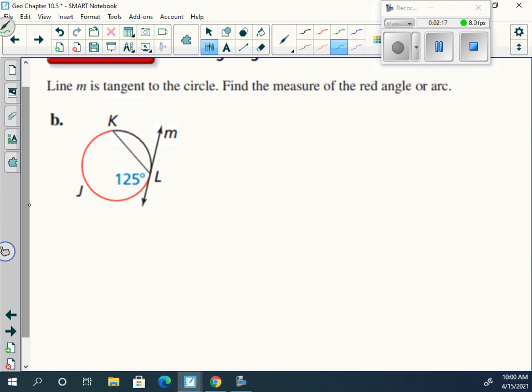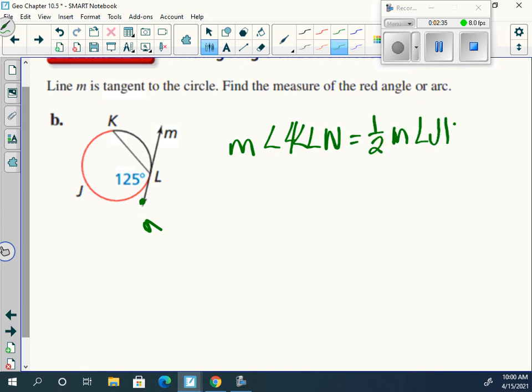So the measure of angle KLN, because it would be KL and whatever our letter is, I'd have to name it N because we don't have one, would be 1/2 the measure of arc LJK. But we don't have the measure of the arc, we have the measure of the angle. So what we would be saying is that 125 is equal to 1/2 the measure of LJK, the arc we want to find.